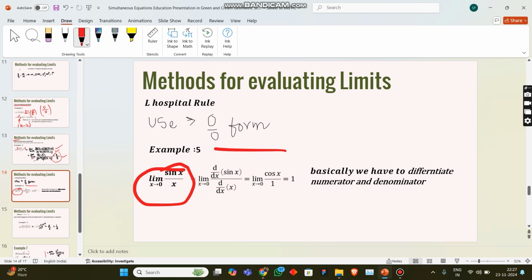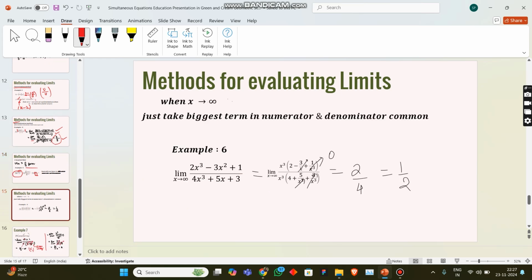So what we can do is differentiate numerator and denominator. That's it. So differentiation of sin x will be cos x, and differentiation of x will be 1. So it will eventually become cos x by 1, and there is no something by 0, no undefined term. So we can directly put cos of 0, which will give me 1.